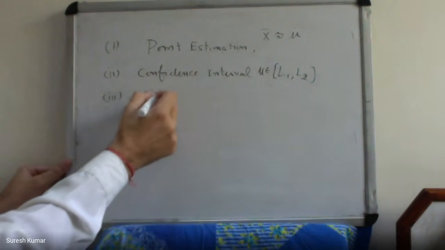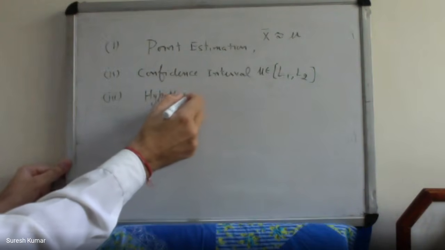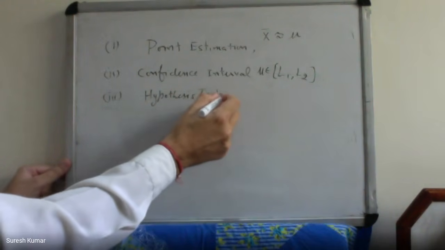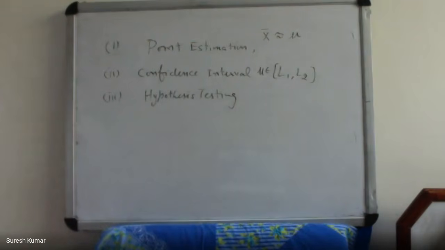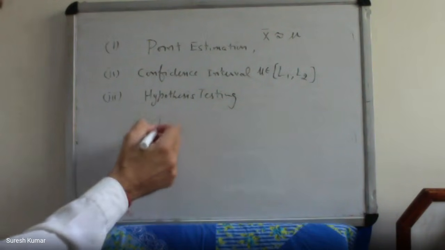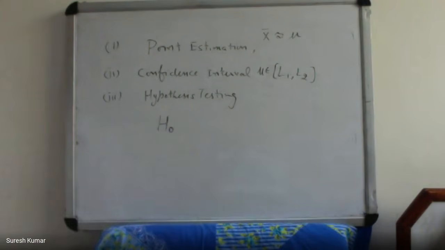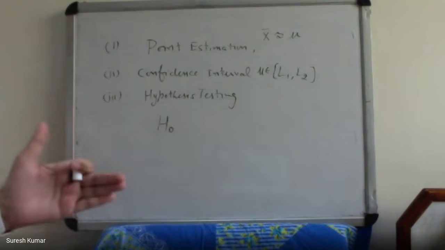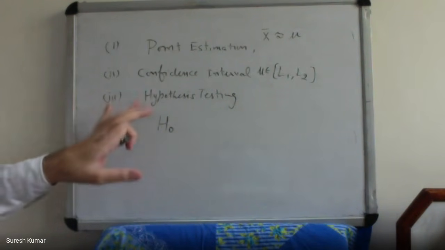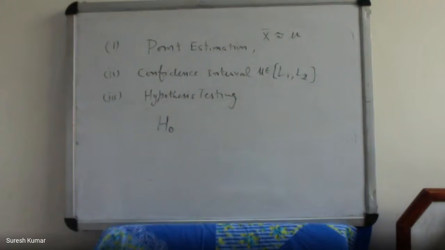Third is hypothesis testing. What is it? In this case, there is an existing statement or hypothesis about the population, which we denote by H naught and called null hypothesis. You will see it later. Just I am telling you very briefly what hypothesis testing is.